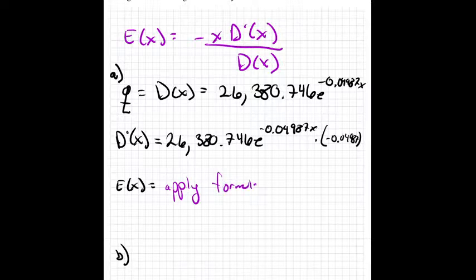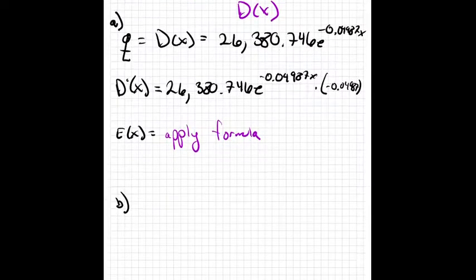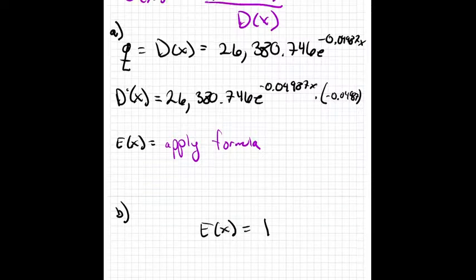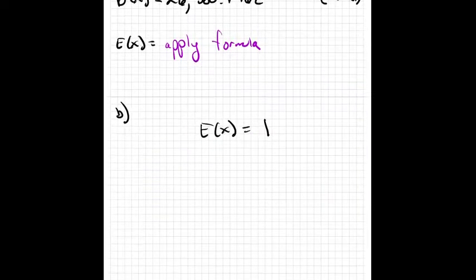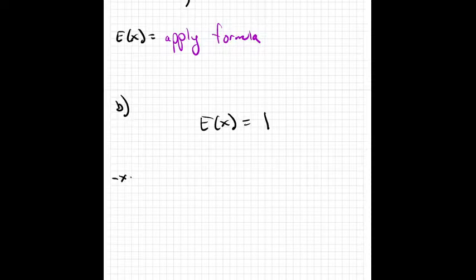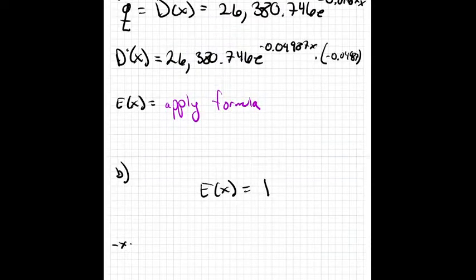Okay, so then part B, we want to maximize the total revenue. So let's do this. We need the elasticity, we need the E of X, we need that equal to 1. So we're going to say negative X d prime, I think I'm going to just copy and paste this. So if we copy, and again, we still haven't simplified, but that's okay.